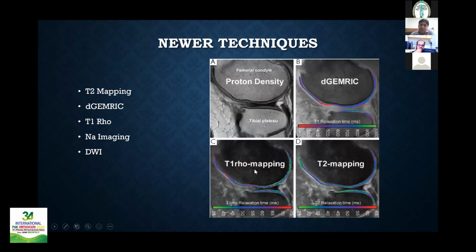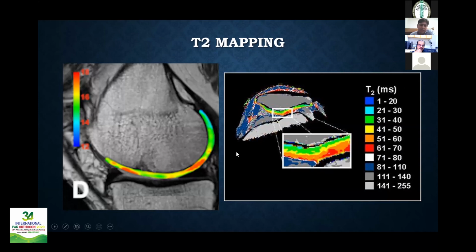Again, T1 rho is currently under investigation and research and is not available. However, T2 mapping is commercially available, and this is an image of T2 mapping. If there is loss of cartilage, it might not be apparent on conventional imaging, but on T2 mapping there are changes in biochemistry, and those changes can be picked up.